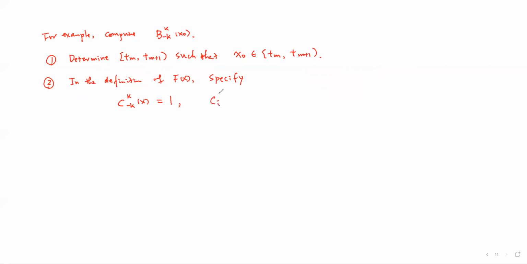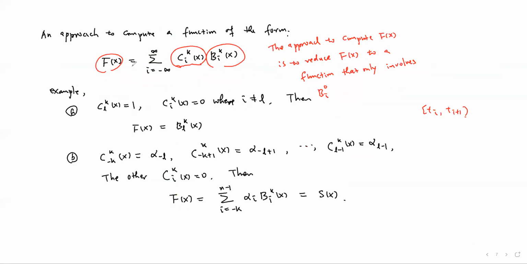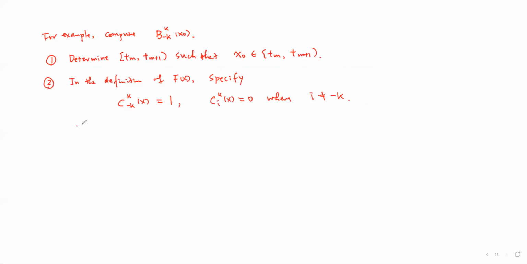The other Cik are 0 when i is not equal to negative k. Then capital F is B_{-k,k}. Then capital F is equal to B_{-k,k}(x).